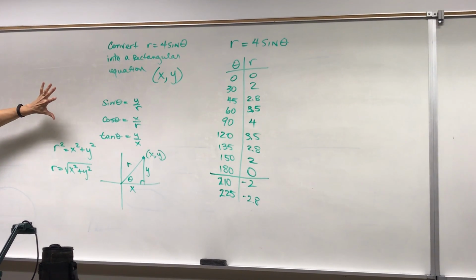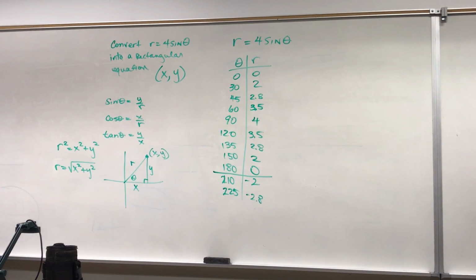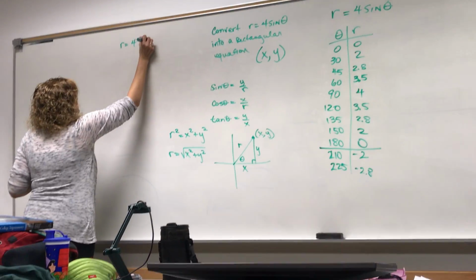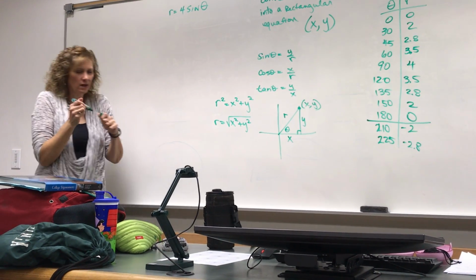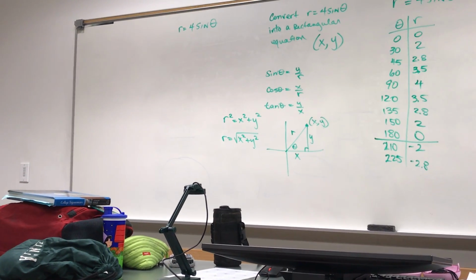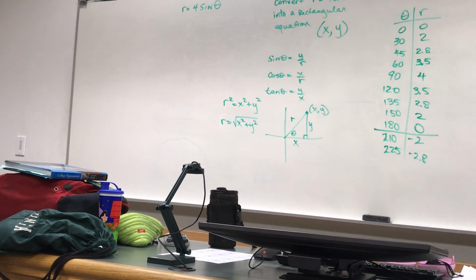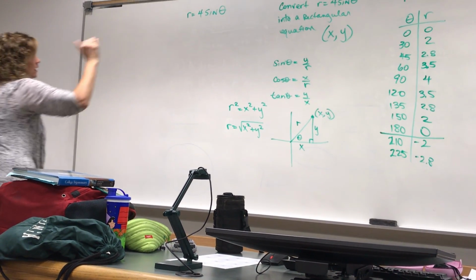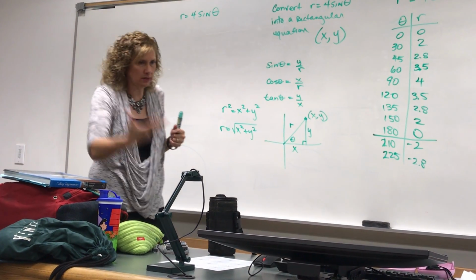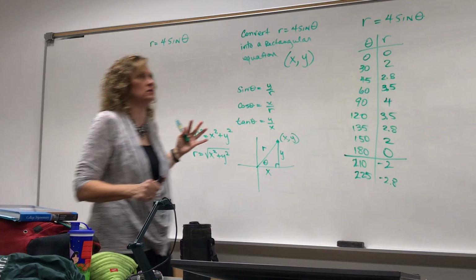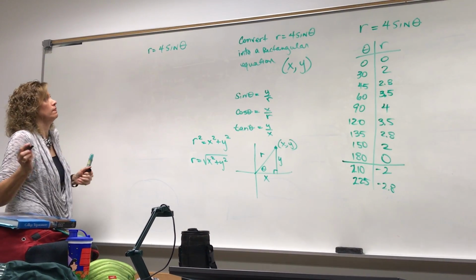Okay, so now we're just going to convert. We've got r equals 4 sine theta. I'm not bothered by the r just yet. But my first thing that I'm looking at is that sine theta. What can I substitute in place of sine theta with the goal of getting to x's and y's?